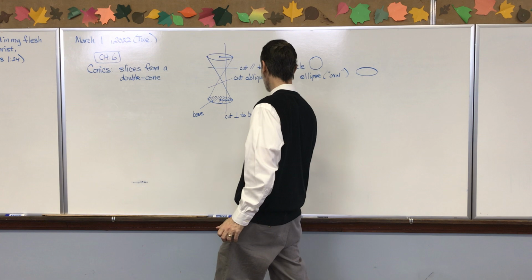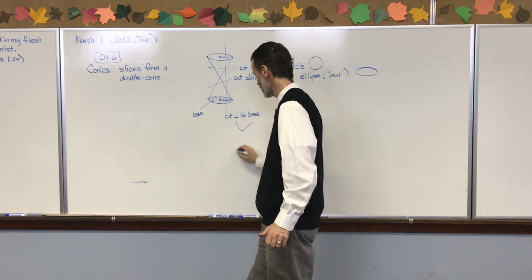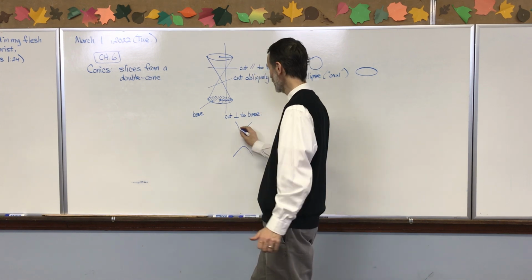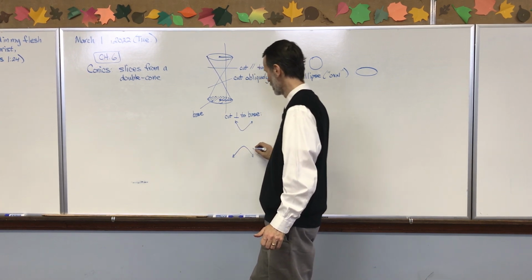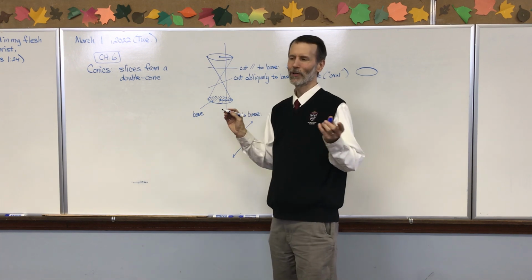If you cut perpendicular to the base, it's going to look kind of like this. There's going to be a branch above and a branch below. It's slightly rounded. They're going to go forever. The cone goes forever. You might or might not have heard this word ever before.